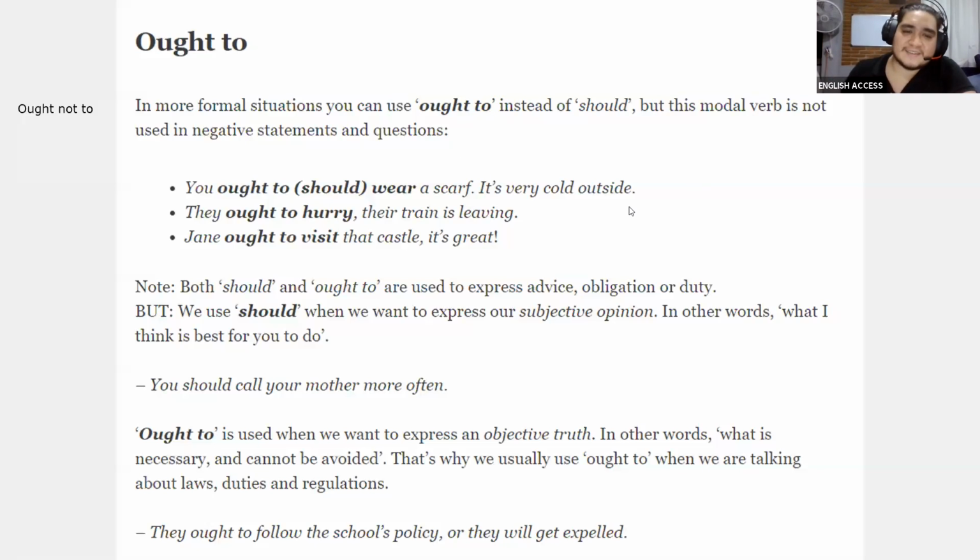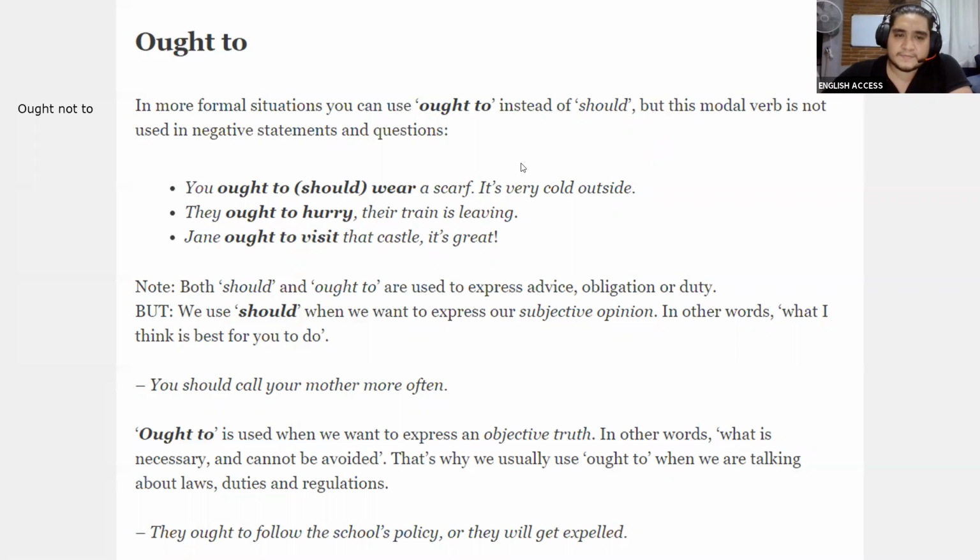But anyways, ought to is used in more formal situations. As I told you, we do not use it in negatives or questions.